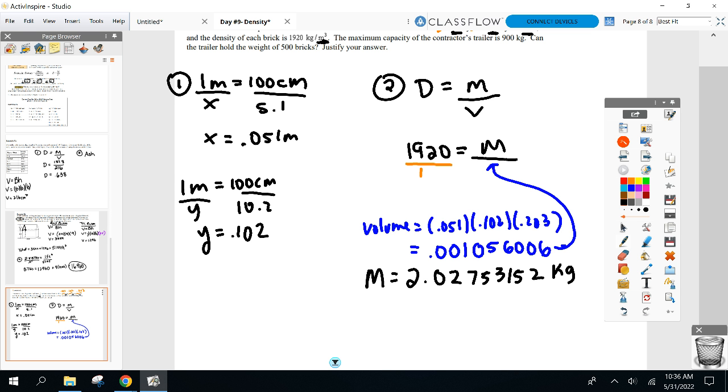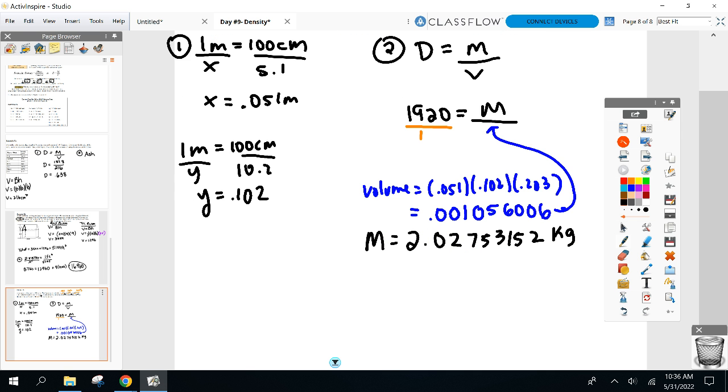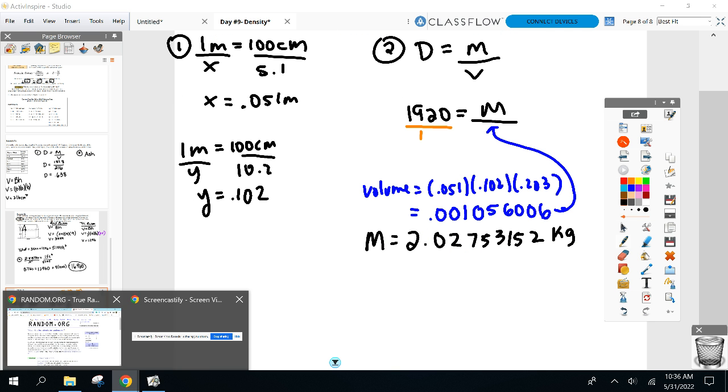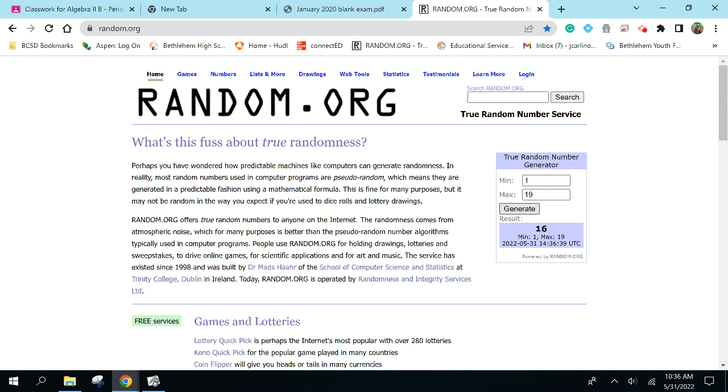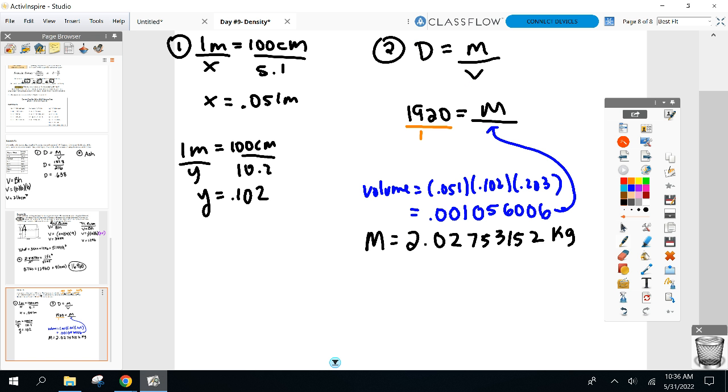Is there a need for me to change kilograms, or is that what the trailer's in? Take a look, because sometimes I change the mass on you at the end, and you have to convert it before you finish the problem. But the trailer's in kilograms, and so is my brick. The only thing now, what do I need to do with this 2.02 to figure out 500 bricks? Yep, multiply it by 500.